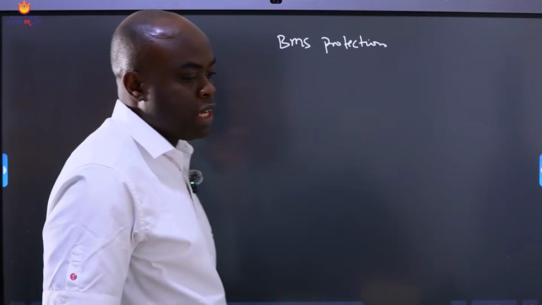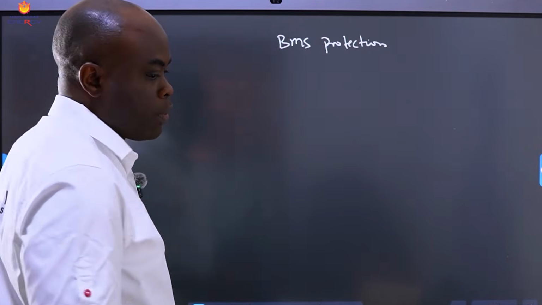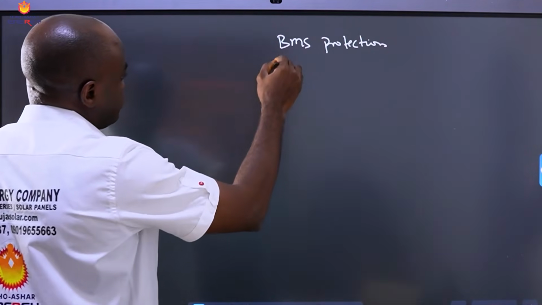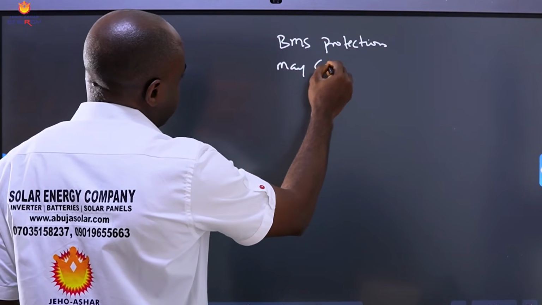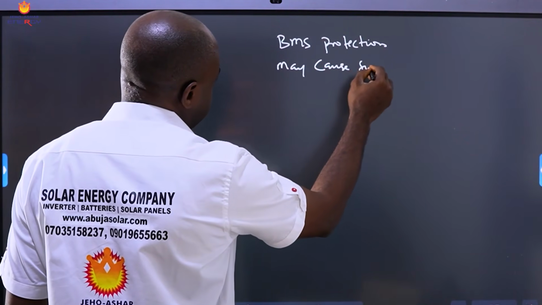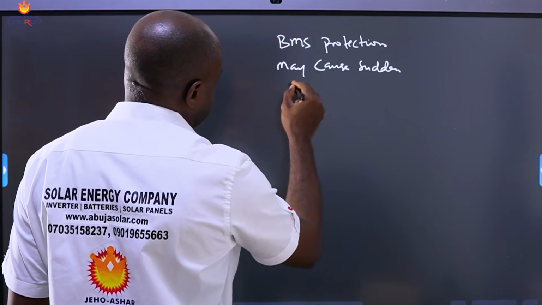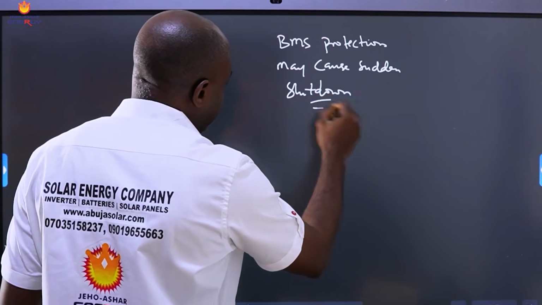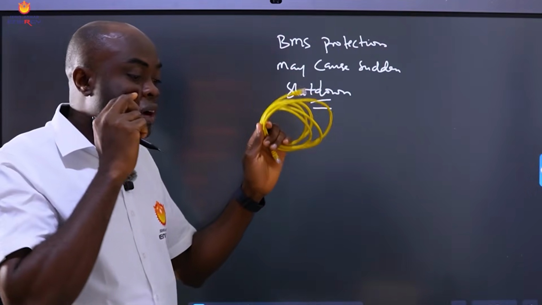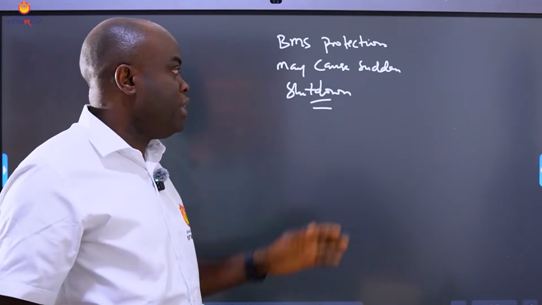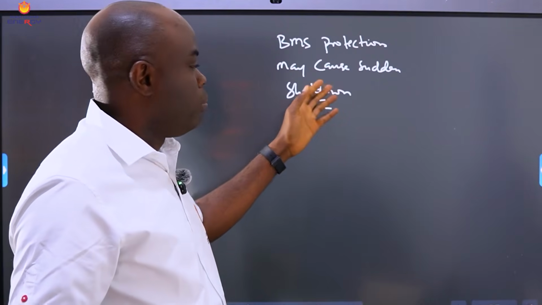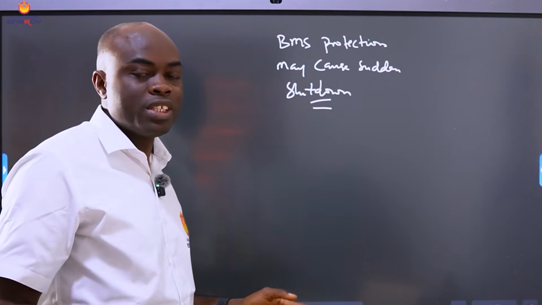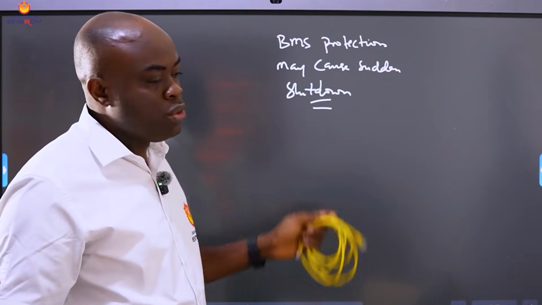Your BMS protection may cause sudden shutdown. If you don't have this connected between your inverter and battery, the BMS protection may cause sudden shutdown of your system. And why does it do this?